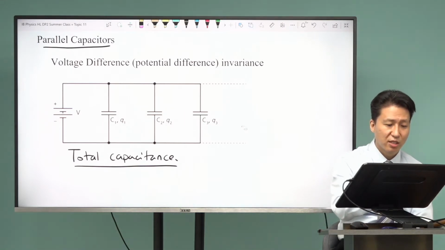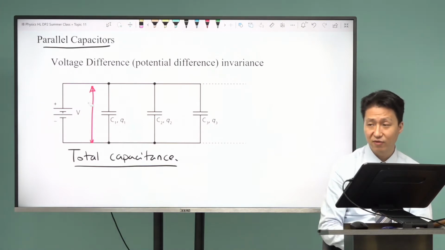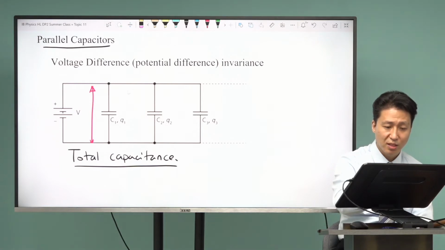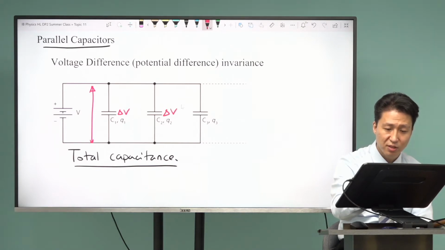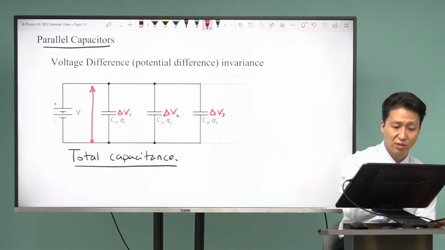Well, we know the potential difference from here to this side is going to be V, right? That's the amount of potential we have from one side to the other. And it just happens to be the same amount when they're in parallel. All of these will have the same potential difference, which is going to be the total potential difference.